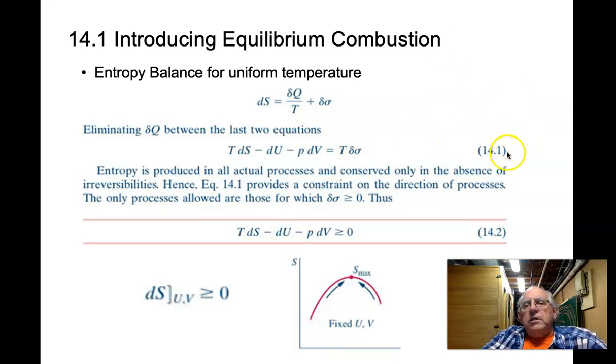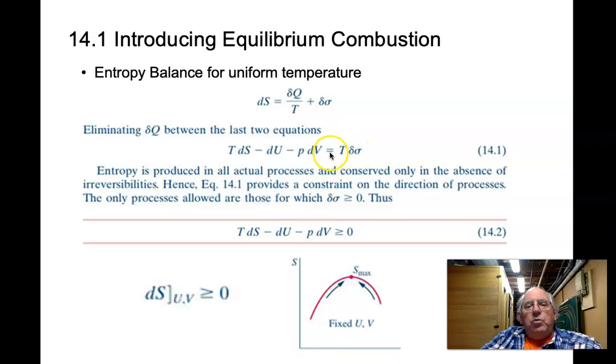And so what this tells us, 14.1, is that there is a direction that any process is going to occur. And since processes are only allowed to occur if they have a delta sigma that's greater than or equal to 0, this right-hand side of 14.1 is either going to be 0 when we have no irreversibilities occurring, or it's going to be positive when we do have irreversibilities occurring.